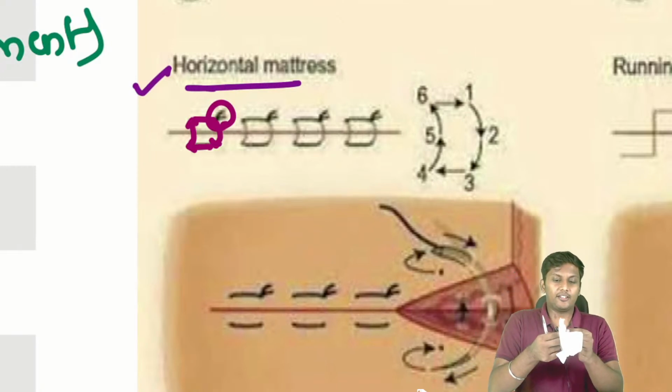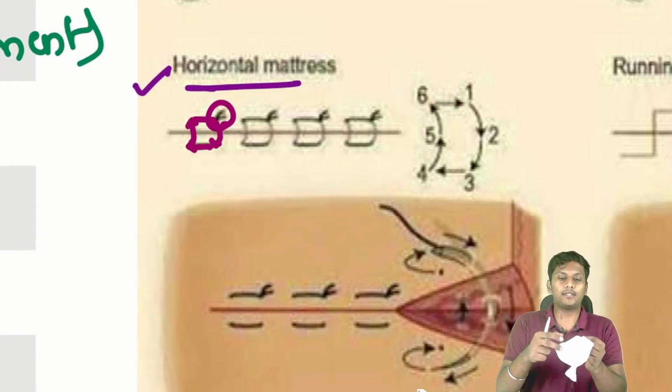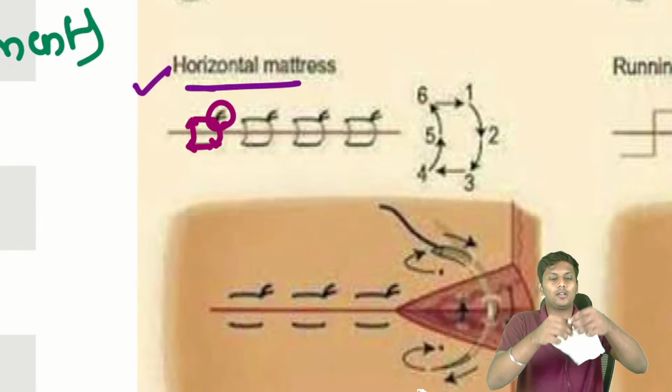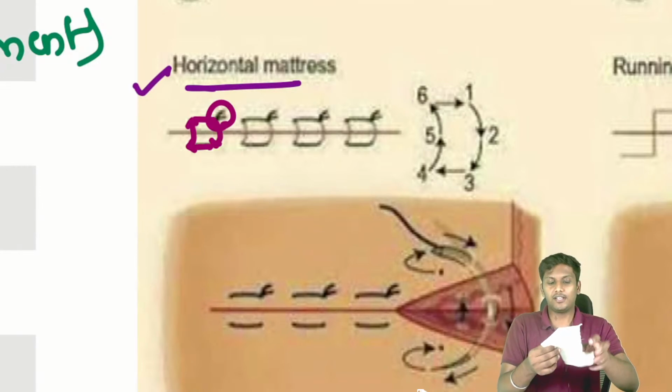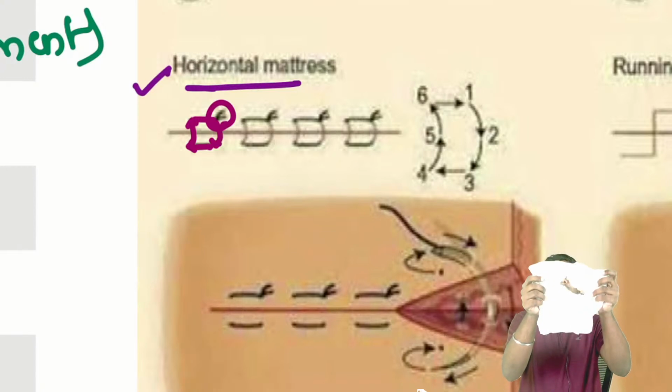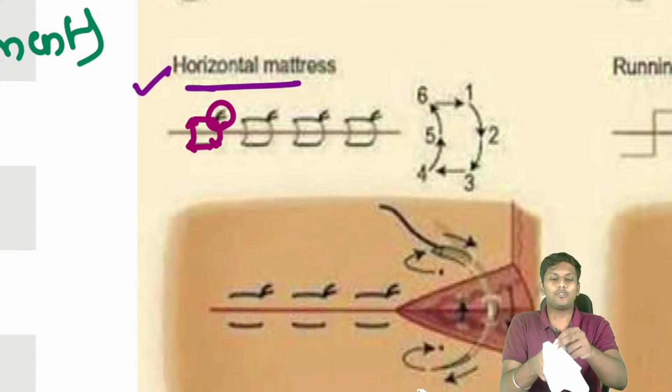Let's see if I can show it to you on this. So important is, याद रख लो horizontal mattress कैसा होता है. For example, this is your tissue. ठीक है, अब ये tissue में क्या हुआ है. This is the wound which has happened in the tissue. Now we are going to suture it.